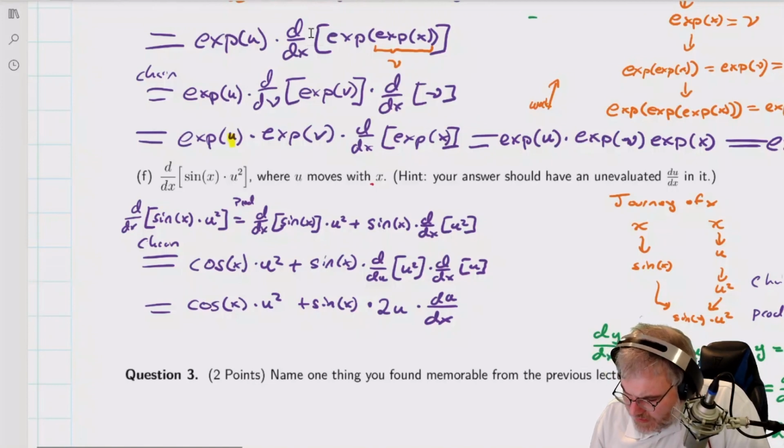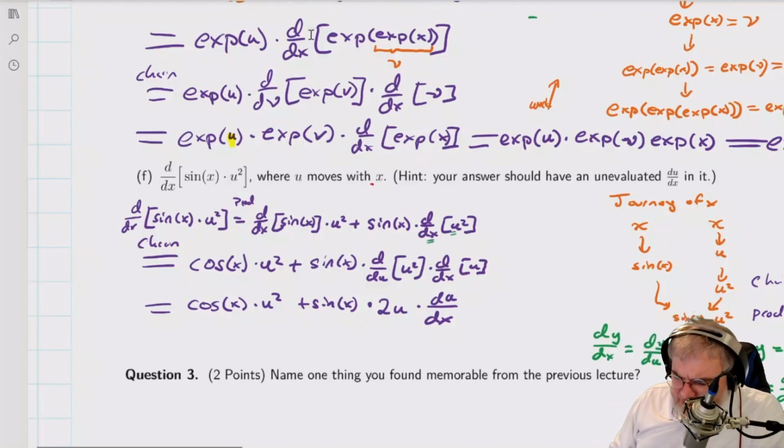Now, this is just cosine of x. That's a u squared. That's happy. This is all now baggage. But look at here. I need to apply the chain rule because this is an x and that's a u. So they aren't the same. So I apply the chain rule to make that u.